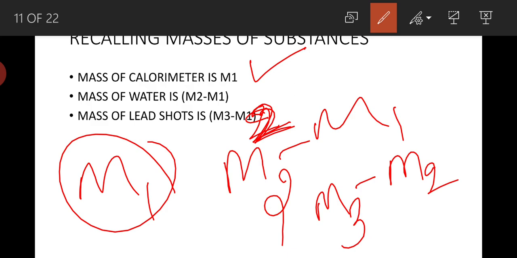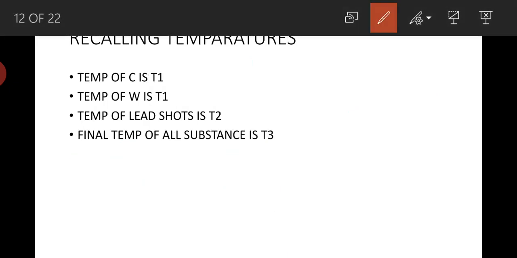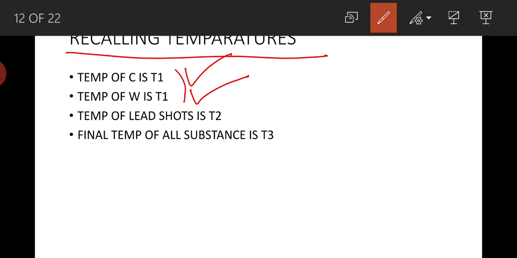Now let us recall the temperatures of all substances. Temperature of calorimeter is T1, temperature of water is T1, both will be at the same temperature, and temperature of lead shots is T2.